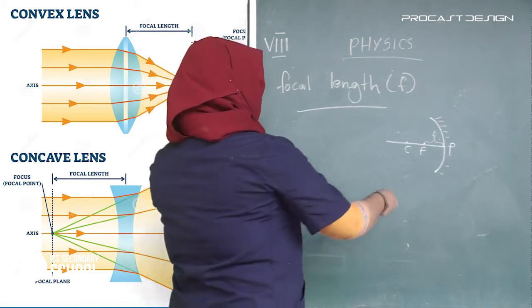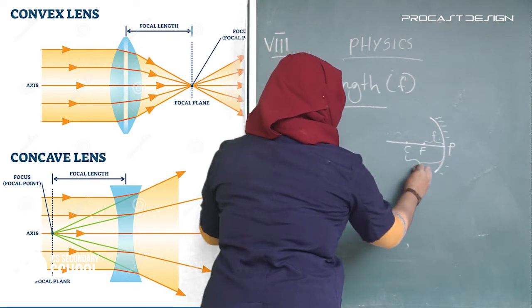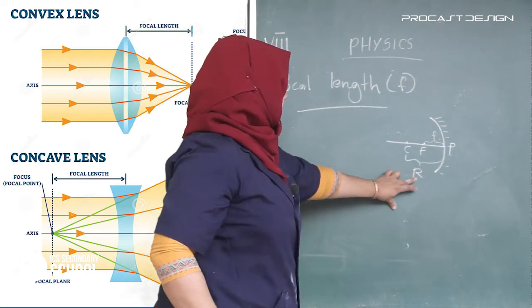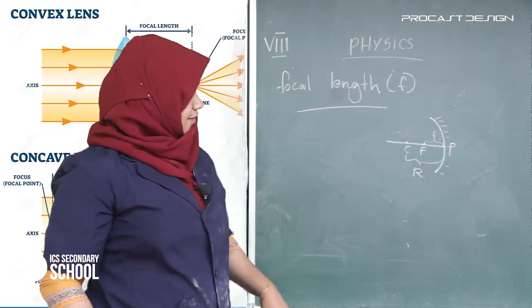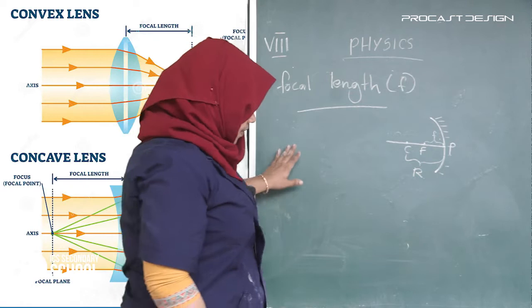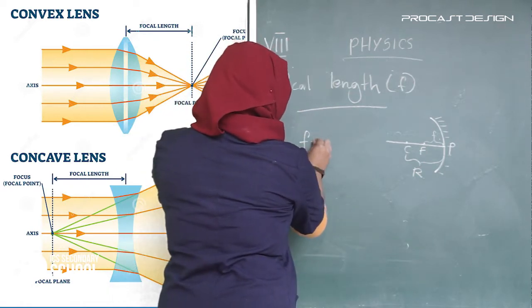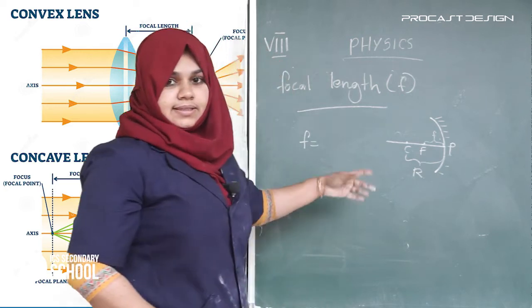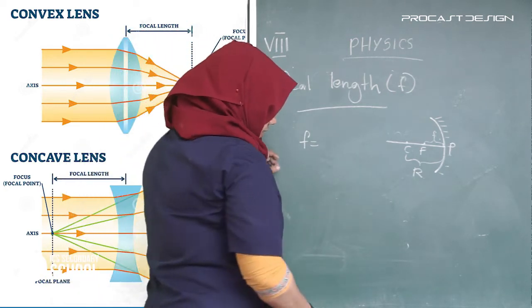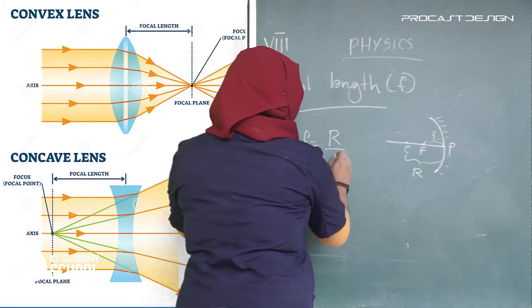The distance between C and P, the center of curvature to the pole, we know that is R, the radius of curvature. So we can say that the focal length of a spherical mirror is half of the radius of curvature.